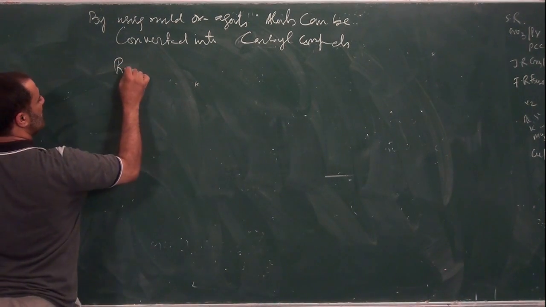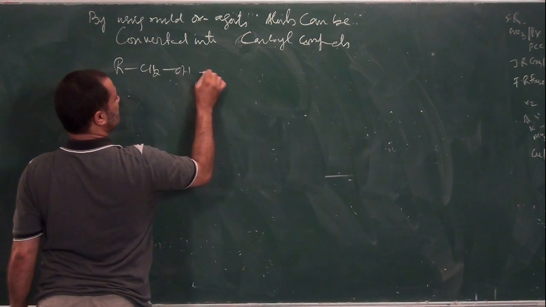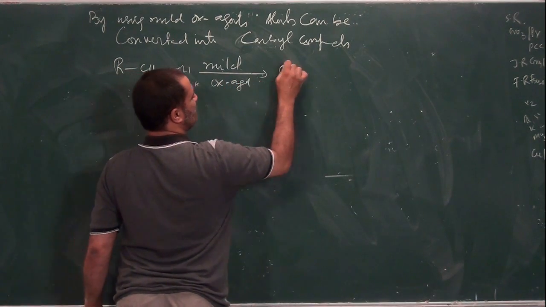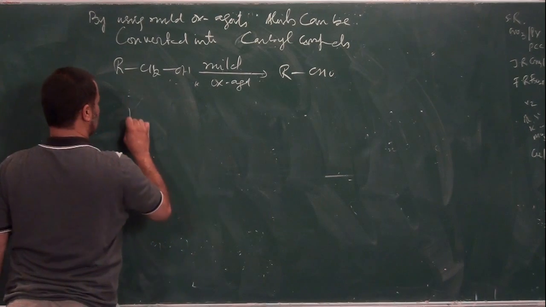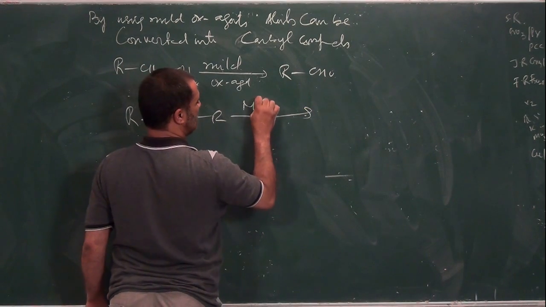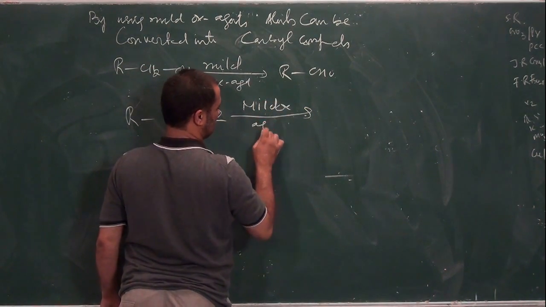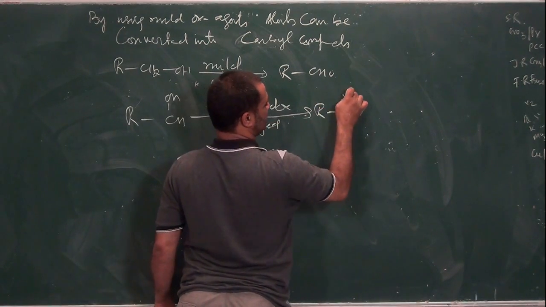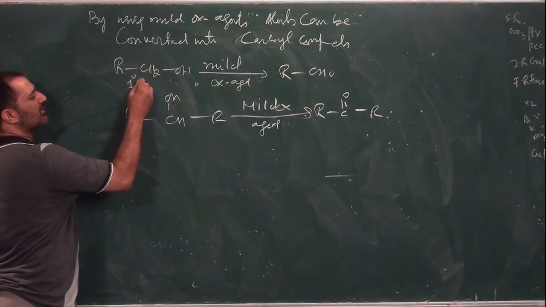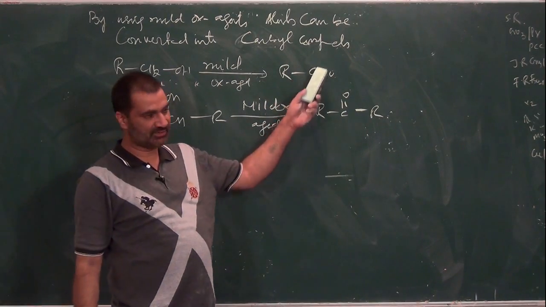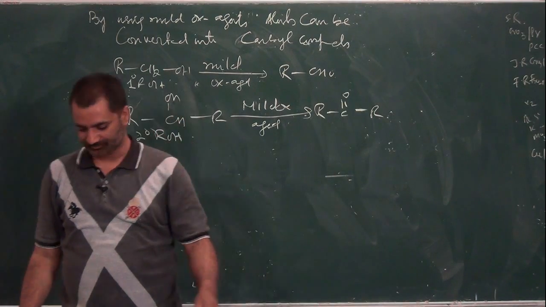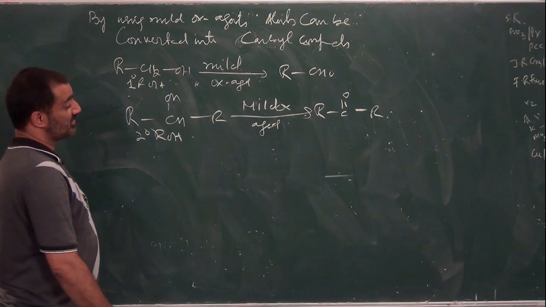I will write here RCH2OH, with a mild oxidizing agent, gives RCHO, and R2CHOH, with a mild oxidizing agent, gives RCOR. So this is an aldehyde and this is a ketone. Primary alcohol can be converted into aldehydes and secondary alcohol into ketones.